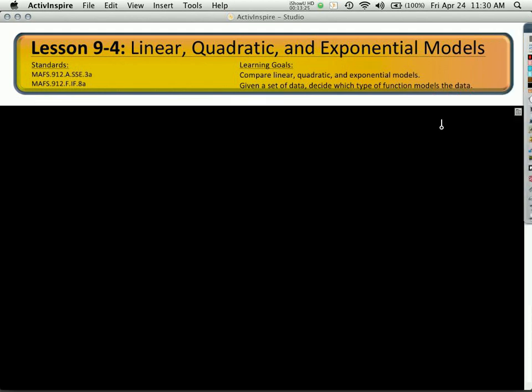So today, of course, you've titled the lesson 9-4. We have now had experience with 3 different types of models. The whole point of all of this is for you to be able to do research and come up to conclusions and then to be able to make predictions. That's the whole point of all of this.